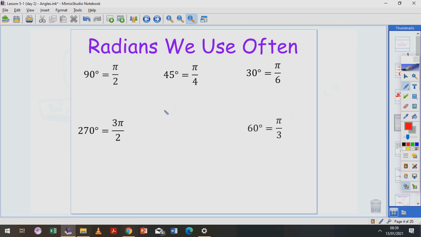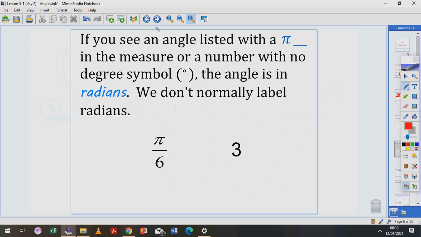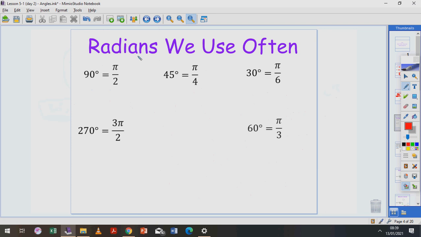Okay, moving on. These are some radians that are often used: 90, 45, 30, 60, and 270. Are we going too fast? You guys shouldn't be copying this.